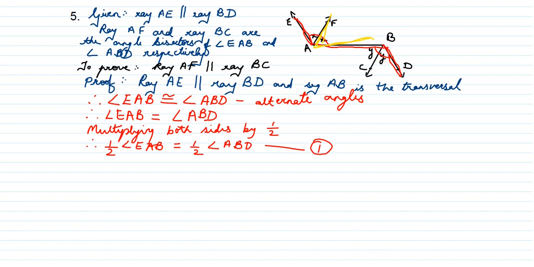Since it's the angle bisector, the two angles formed because of this bisector are equal to each other, or they are half of angle EAB. That is, angle EAF is half of angle EAB, as well angle FAB is half of angle EAB.